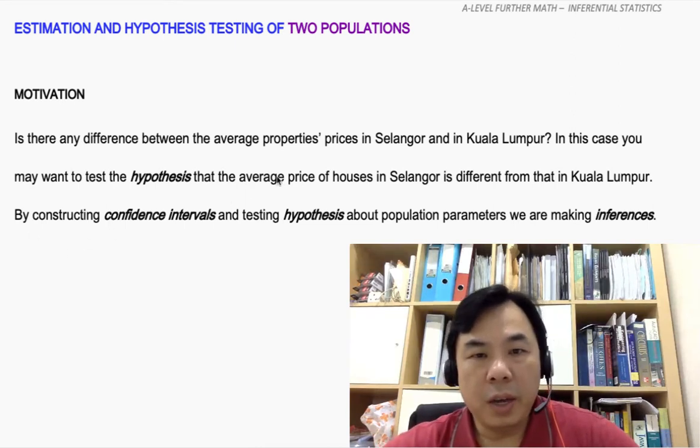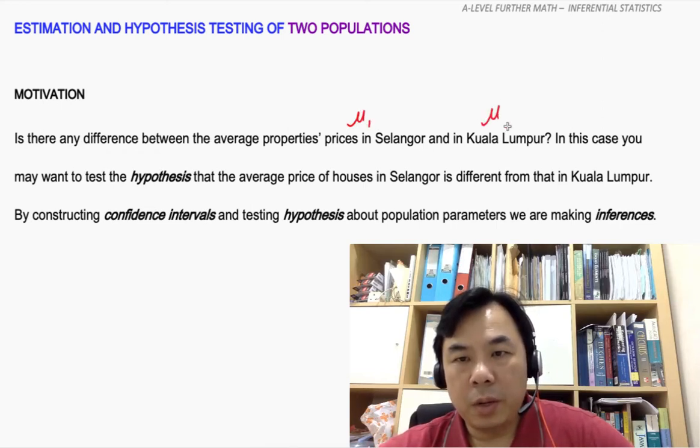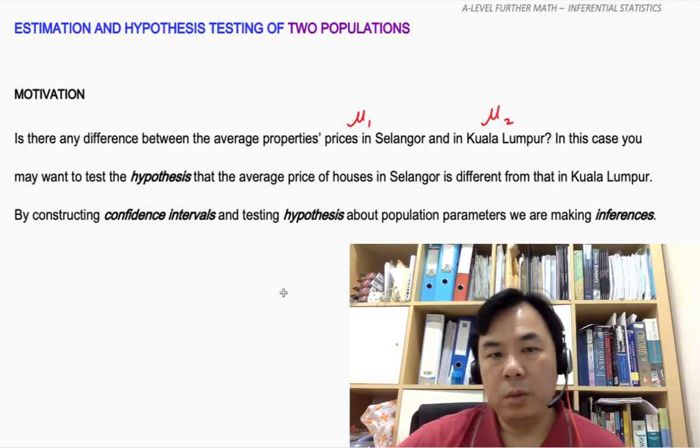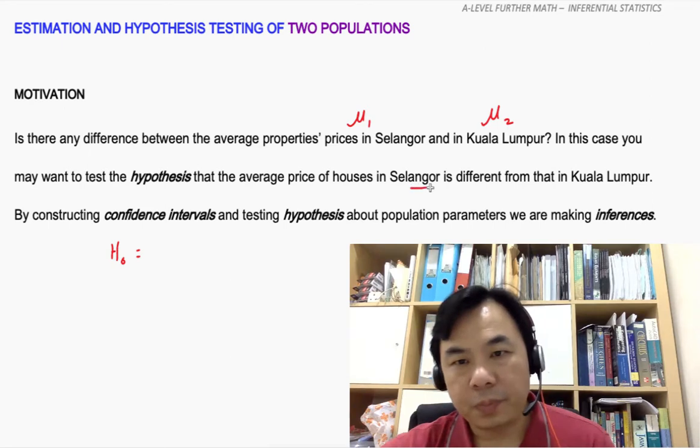Now, just to recap, if we label the average property price in Selangor as mu1, and the average property price in Kuala Lumpur as mu2, then we can set up our hypotheses. We are interested to find out whether there's any difference or not.